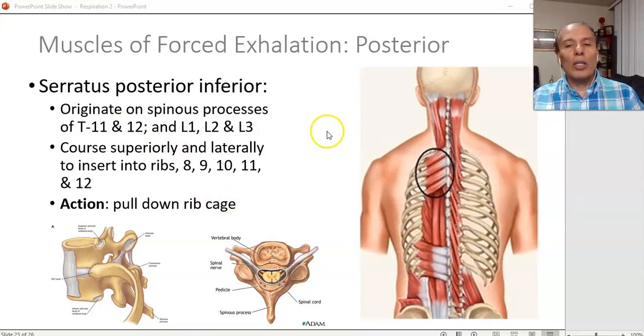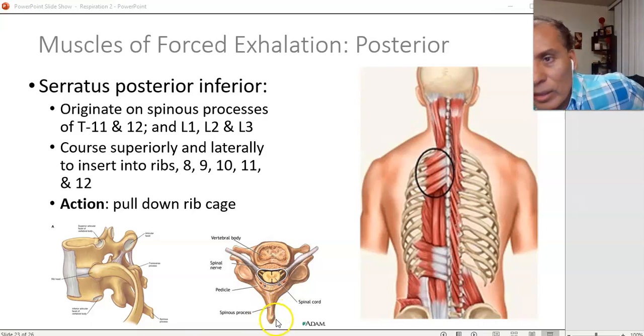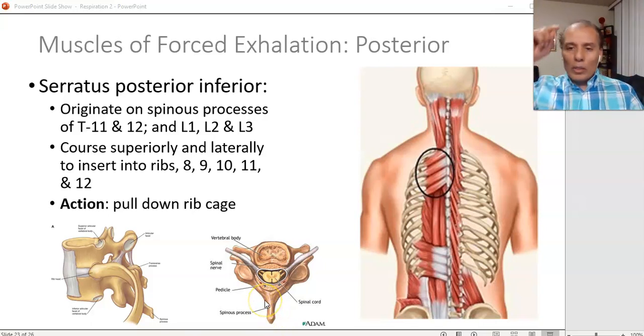And segments of it originate on the spinous process, which is this area of the vertebra. You can touch it. You put your hand in the center of your back, and all of them are stacked together. These are the spinous processes of every vertebra.